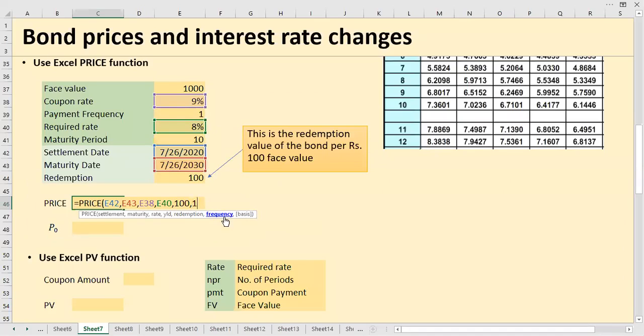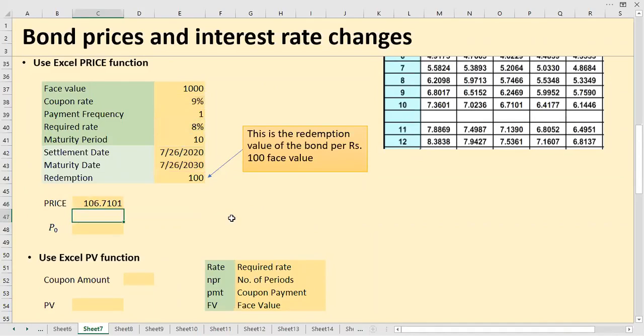And the basis, don't worry about the basis. There are several bases where we calculate based on the US type, European type. We are going to use this US 30/360, that means 30 days for a month and 360 days for a year. So I select it, close the bracket, then hit enter.